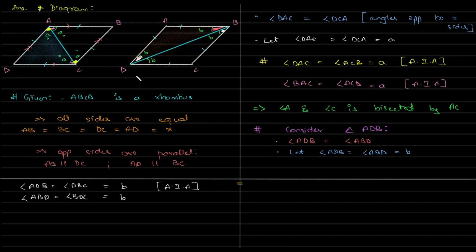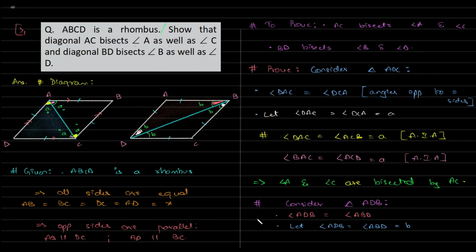And since we have the alternate interior angles being equal and thus the adjacent angles being equal, this implies angle B and angle D are bisected by BD. Okay, so that's it.